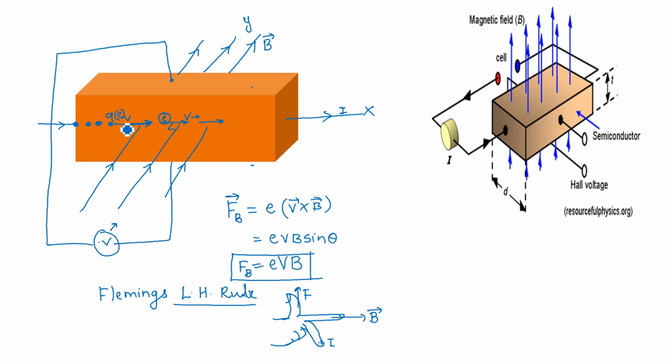It means this magnetic force will act on this charge. So those charges traveling through this transverse magnetic field will experience a magnetic force and get raised to this top surface. These charged particles start accumulating at the top surface, and slowly their number increases.